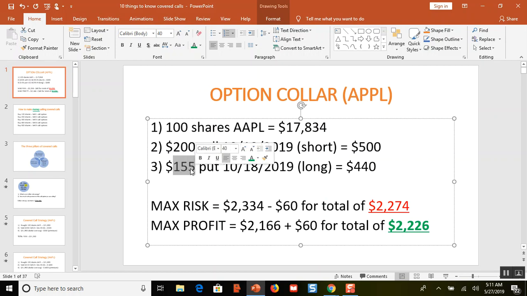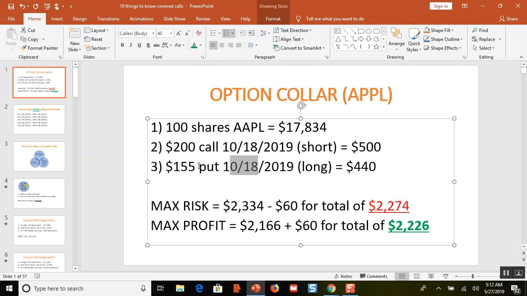If it goes down to $150, well, you don't lose any more money because your put option will be worth $500 on the 18th of October. If it goes down to $100, then your put option is going to be worth $5,500, and that's called intrinsic value.